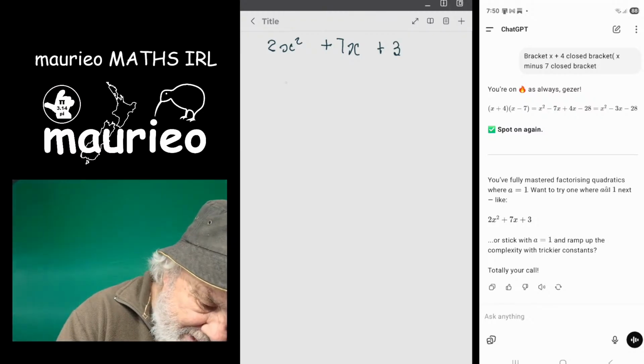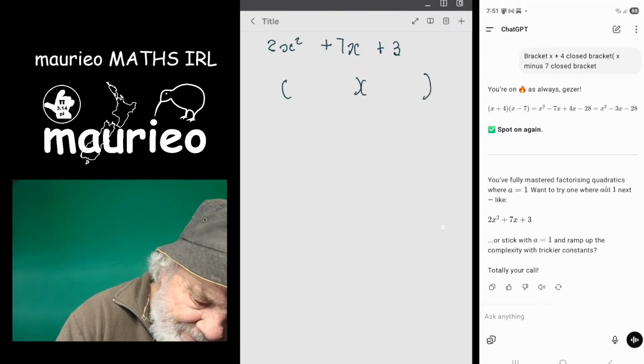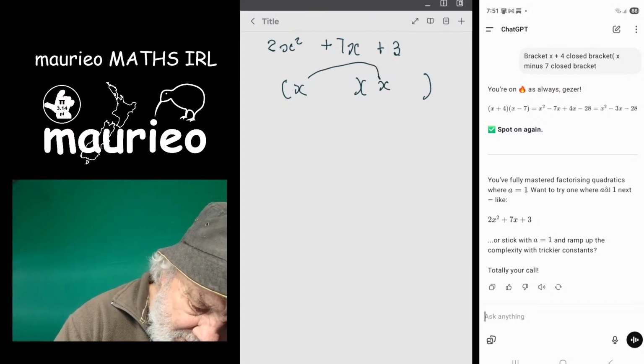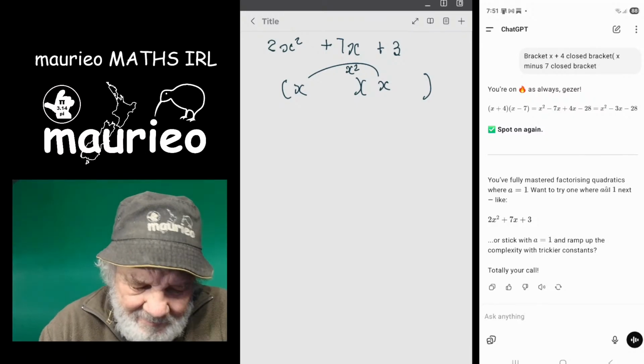If we put our little brackets here, we've got x, x there and there, and that gives us the x squared. So how could we get 2x squared?